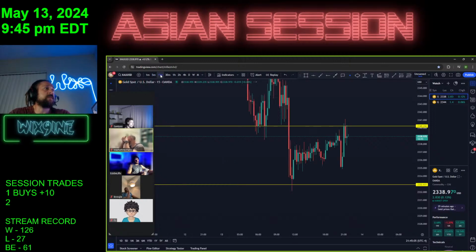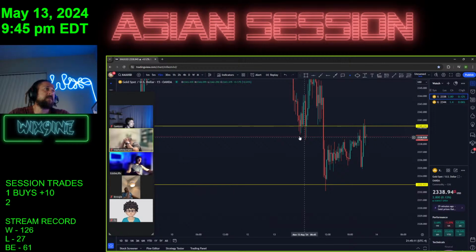So we closed on the 15. Closed bullish, respecting this little resistance. Ooh, if we can only get a steeper top wick. We might not.